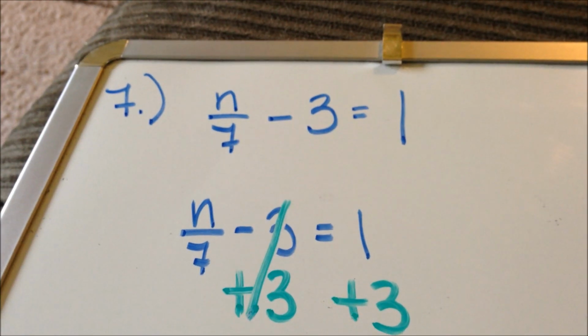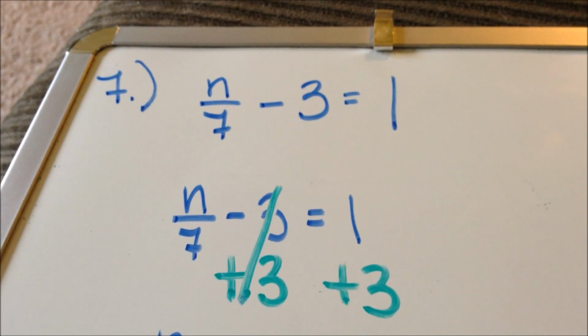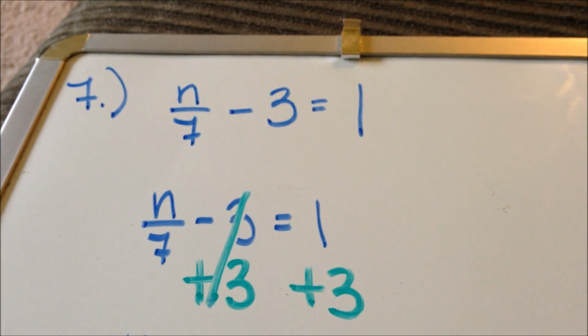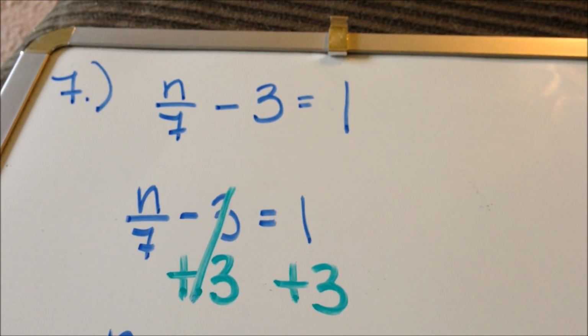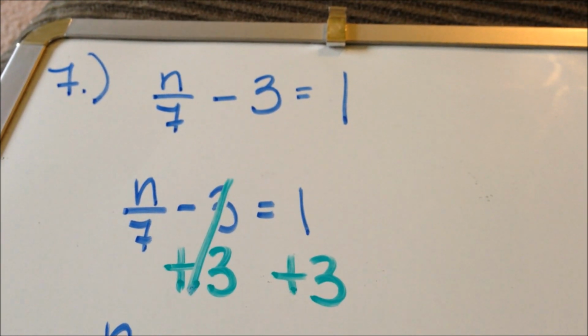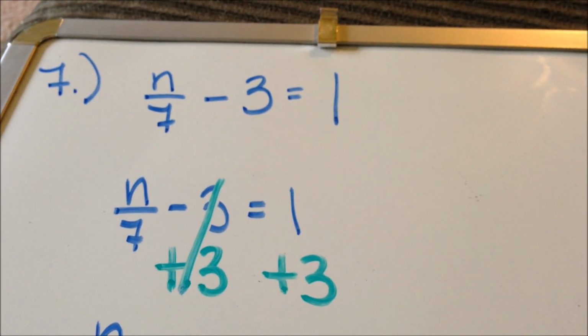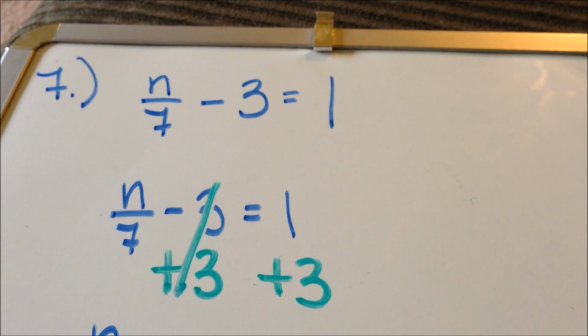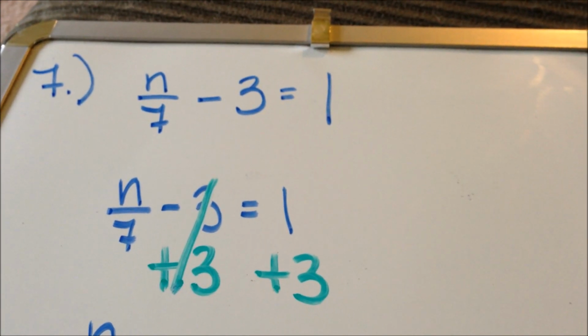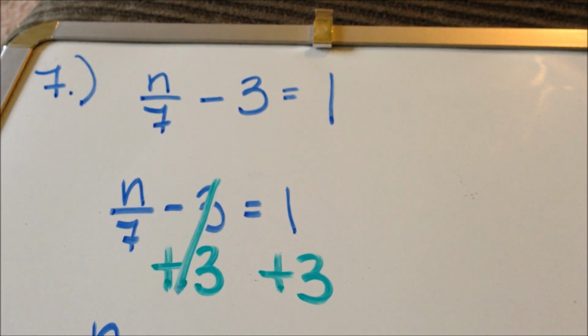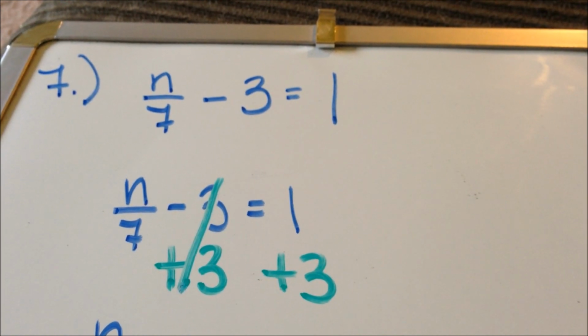Number 7 was 3 less than the ratio of a number to 7 is 1. So this is essentially a subtraction problem. Remember, the phrase less than means to switch the order, so the 3 comes after the subtraction symbol. And the word ratio means a fraction or a division.